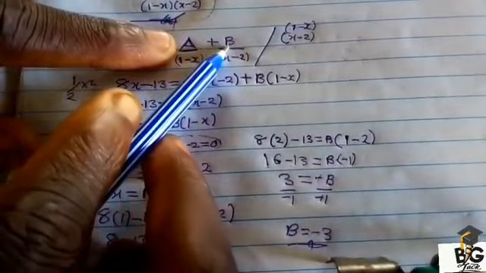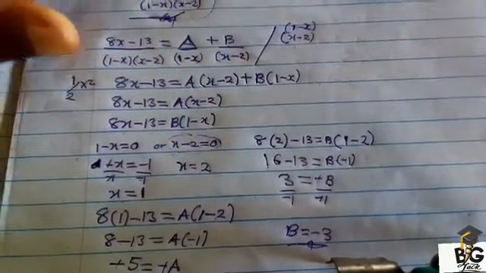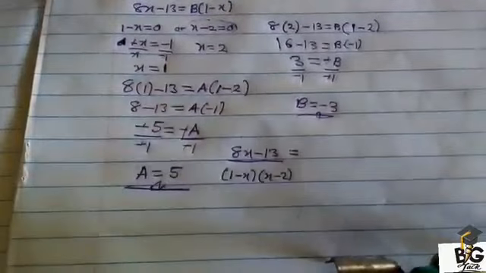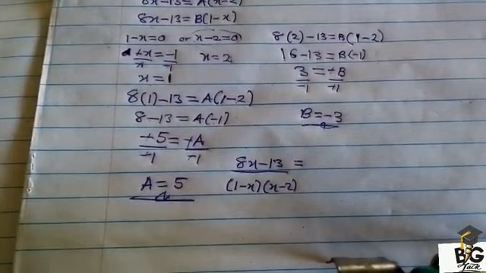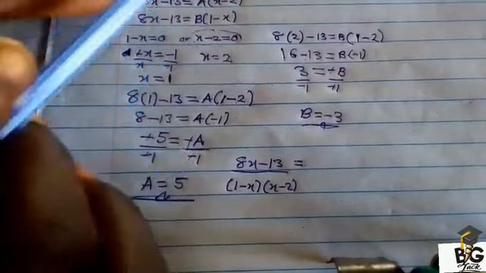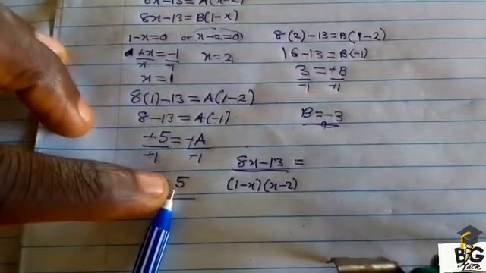Now since the value of a and the value of b we have already found, which means what I'm going to do here, where there is a, I'm just going to put 5, and where there is b, I'm just going to put -3.